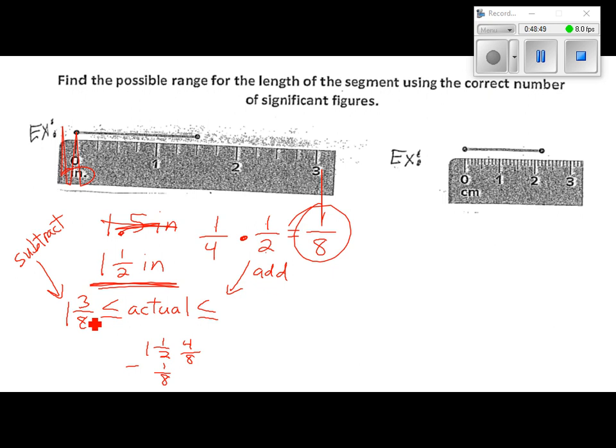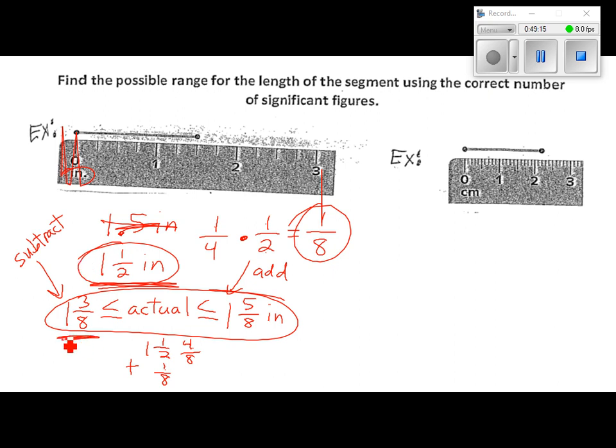If we want to add 1/8 to it, what's that going to give us? What's 1 plus 4? So 1 5/8 inches. That's our range. We know the actual measurement's not exactly 1.5, but we know for sure that it's between 1 3/8 and 1 5/8.